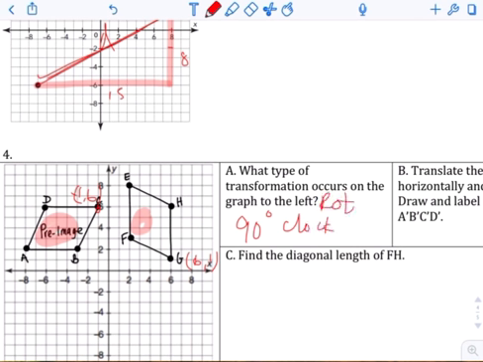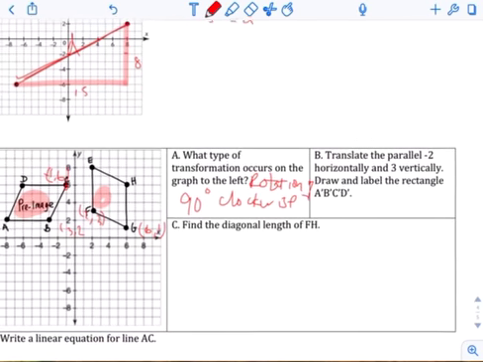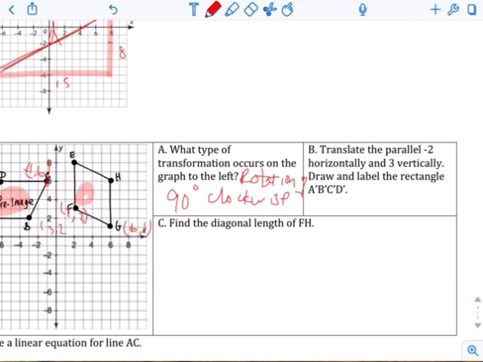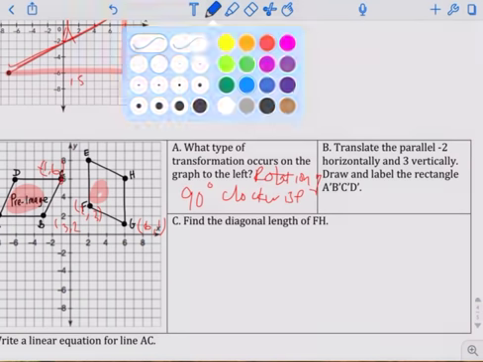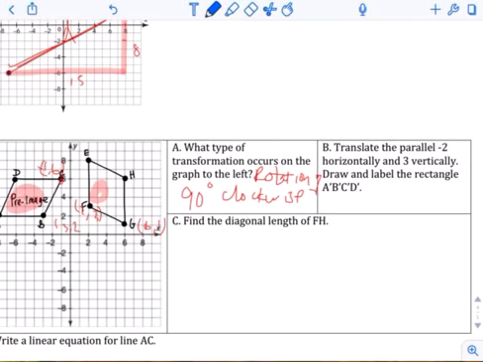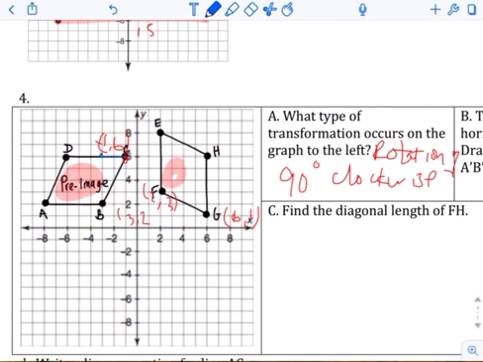Rotation of 90 degrees clockwise. And this is 3, 2, 2, 3. Okay. Translate -2 horizontal. Ooh, that means to the left. And 3 vertical. Okay, -2 horizontal and 3 vertical up.